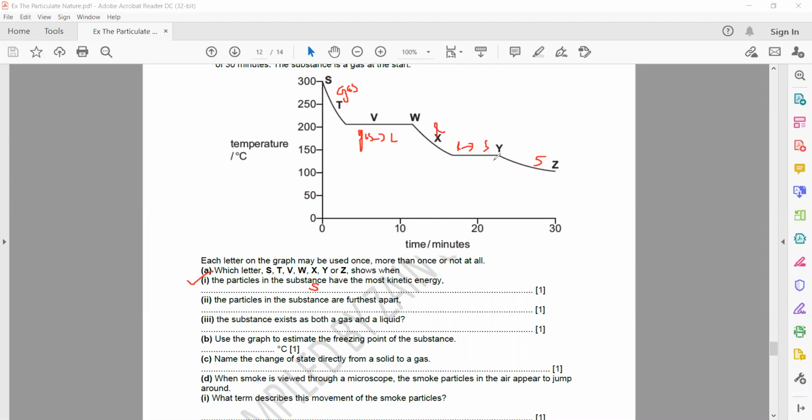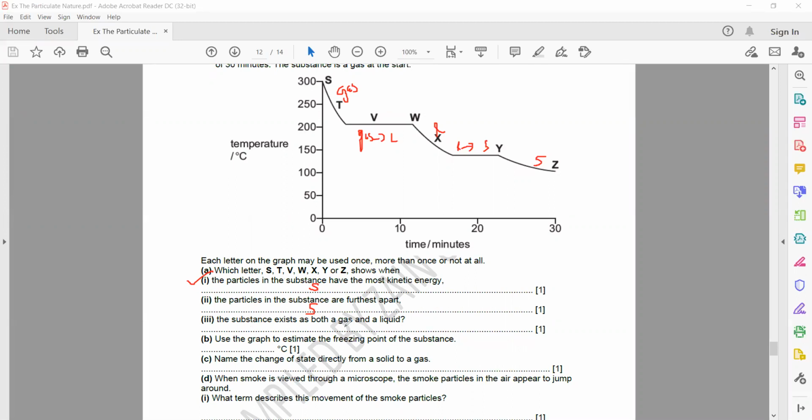The particles in a substance are furthest apart in gas, not in solid. Z is solid. So the correct answer is S again, because S is a gas, and at high temperature the particles will be further apart.